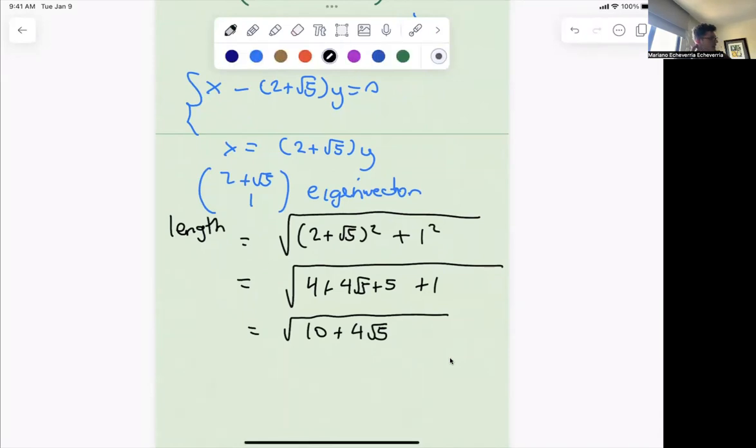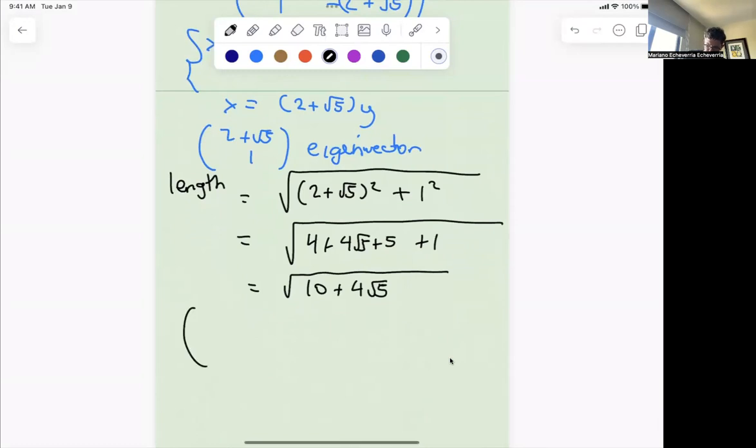If I had chosen better coefficients, the eigenvalues would be nicer, and this wouldn't look as bad. But it's okay. You don't need to simplify it anymore. You just divide by its length. It's a little bit messy, but that's the first eigenvector.